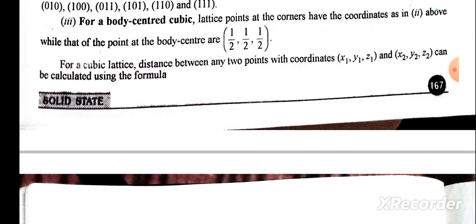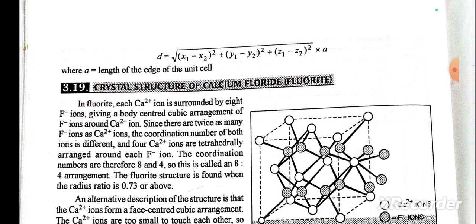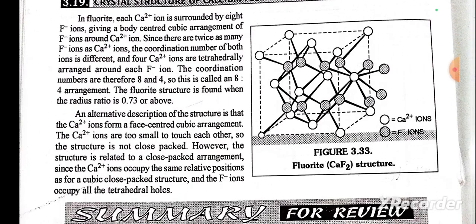For a cubic lattice, the distance between two points of coordinates x1 y1 z1 and x2 y2 z2 can be calculated by using the formula d = √((x1 − x2)² + (y1 − y2)² + (z1 − z2)²) × a.